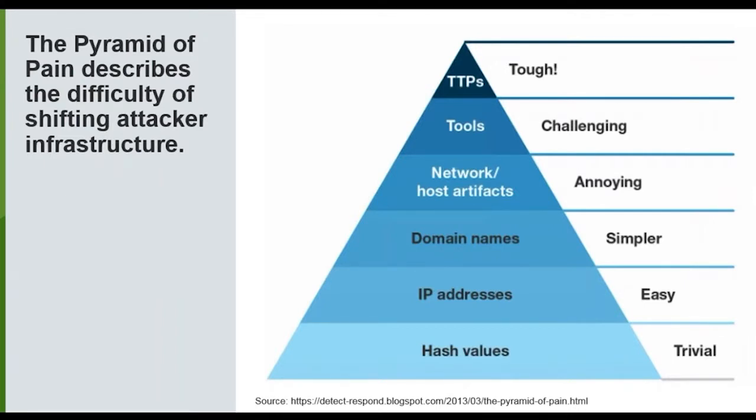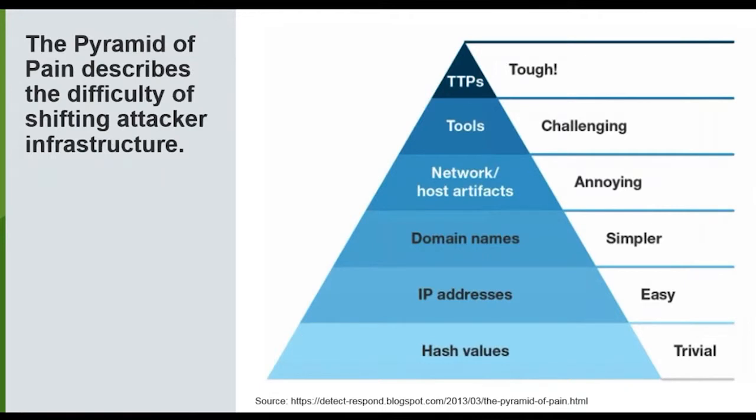Now we can look at things like hash values, and you can say, all right, well, this is trivial, and any number of endpoint vendors are going to have this capability built into their demos for you. You've seen this. You know, they add a couple null bytes at the end of a binary file, and all of a sudden you have a different hash.